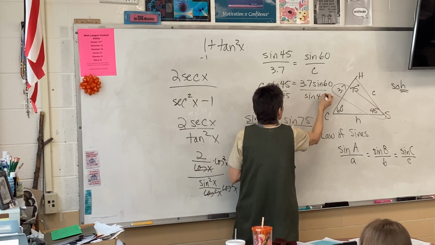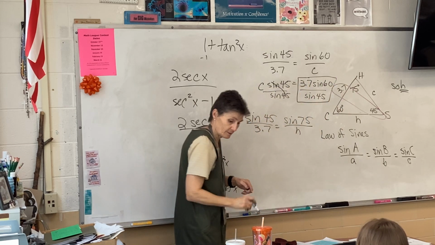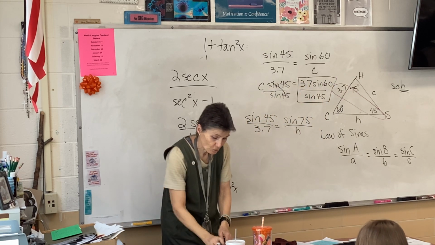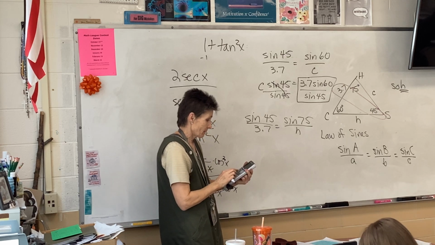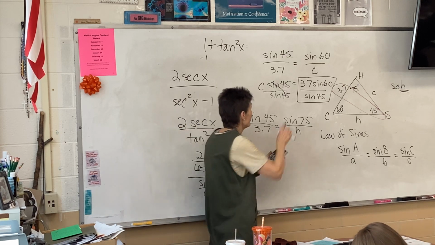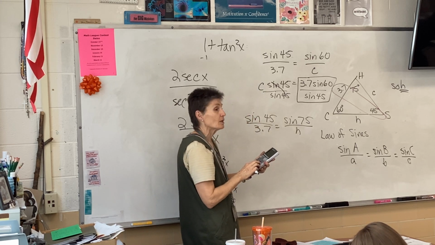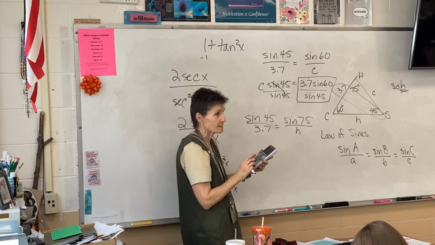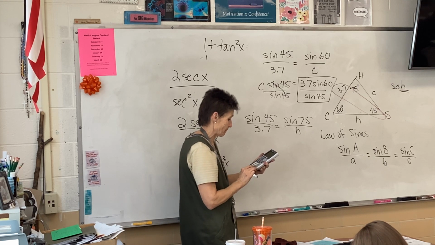Now this is what I'm gonna plug into my calculator. Make sure your calculator is in degrees. Then type 3.7 sine 60, close the parentheses, divided by sine 45.